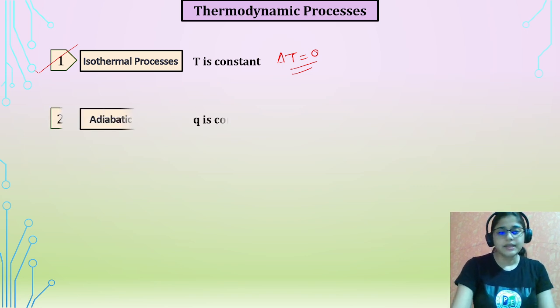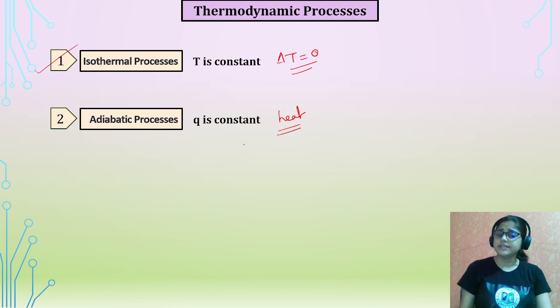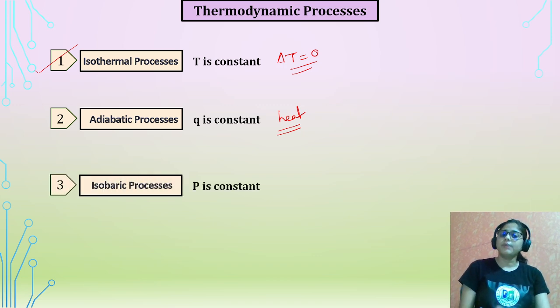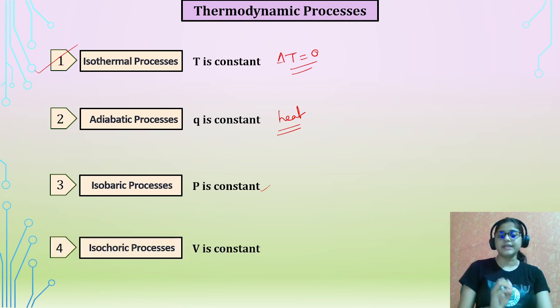Next, adiabatic process. Adiabatic means Q is constant. Q is heat. Heat of the system will be constant. Isobaric process means P is constant. P is pressure. And isochoric process, here V is constant. V means volume. Volume of the system is constant.